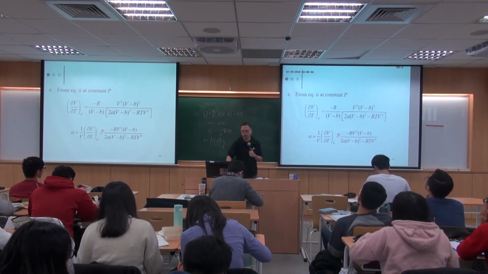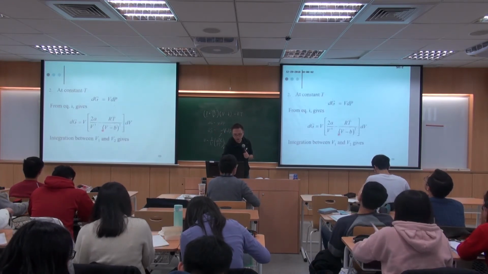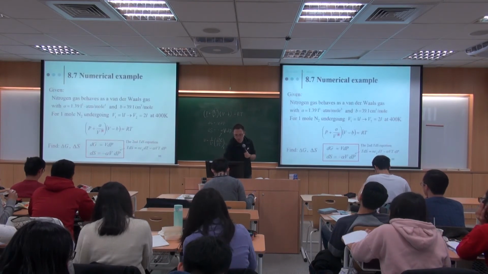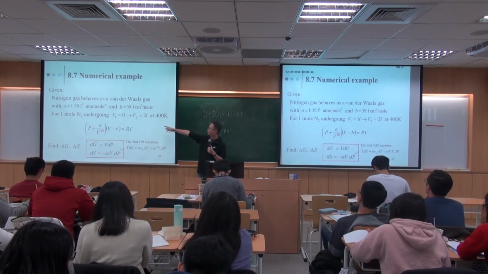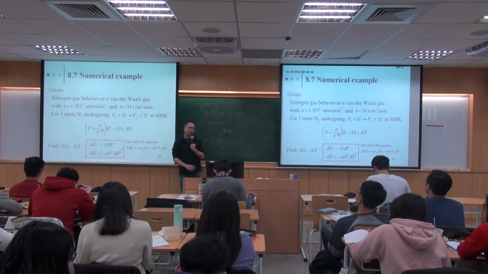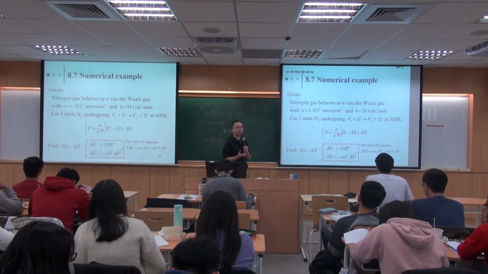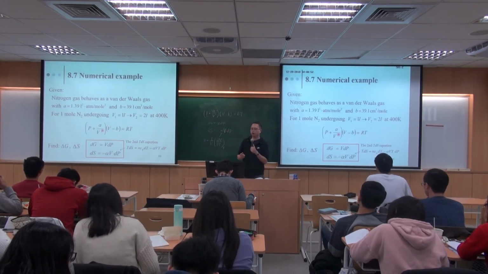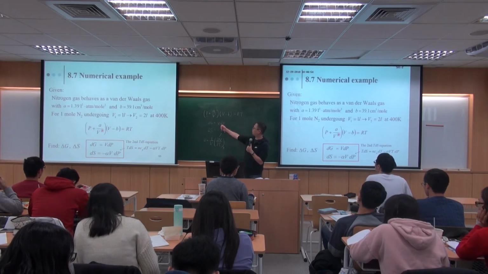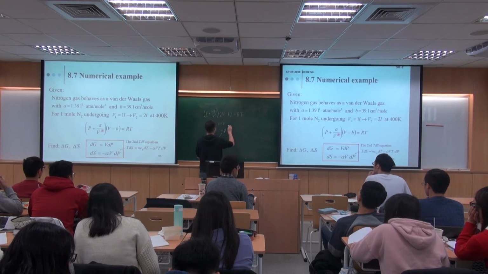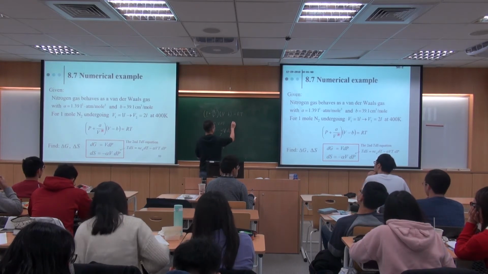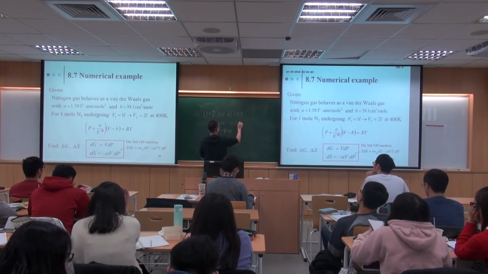But if you're dealing with a volume change, in this case the limits are from 1 liter to 2 liters, it means that the variable you're going to control is volume. Then you have to change this variable to volume. So we're going to use that trick that we just saw.